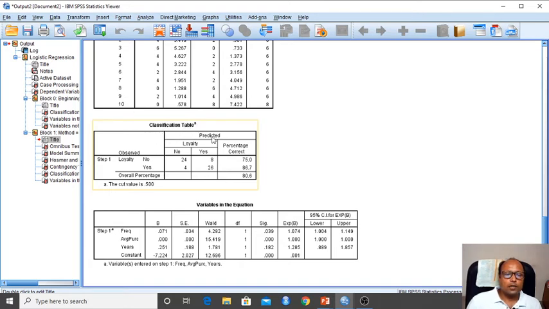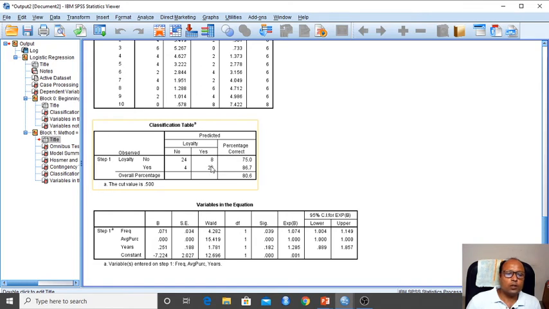Now the classification table shows how many observations are accurately classified. So the overall percentage is 80%. It means our model has correctly classified 80% of observations. Say, for example, we have this value 24, which were actually not loyal, and our model has also classified them as non-loyal.